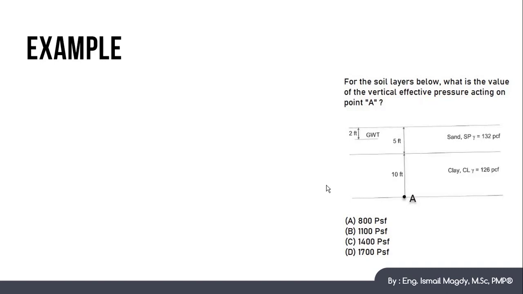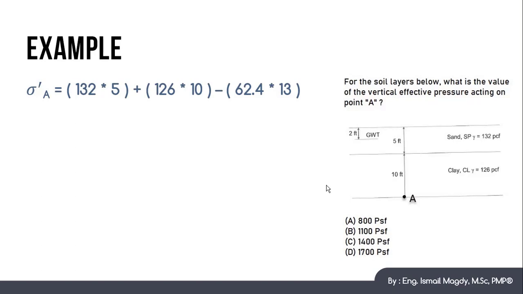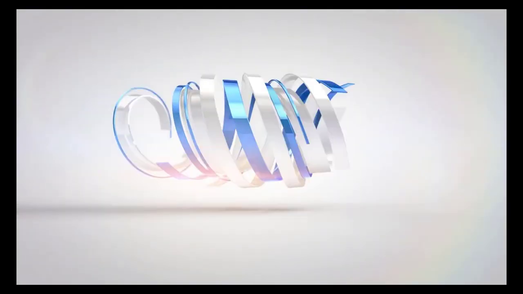So this will be the final formula, which is sigma effective at A equals 132 multiplied by 5 plus 126 multiplied by 10 minus 62.4 multiplied by 13, which will equal 1108 pounds per square foot, which is PSF. So the answer is B, which is 1100 PSF.